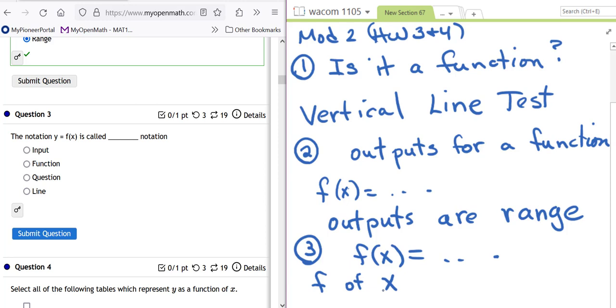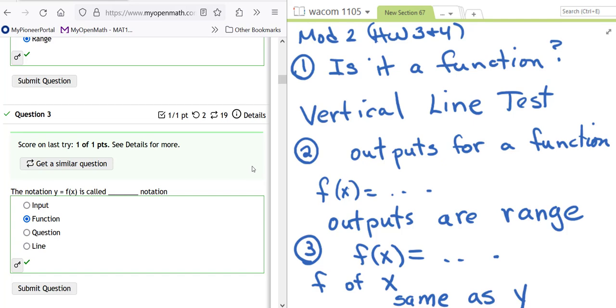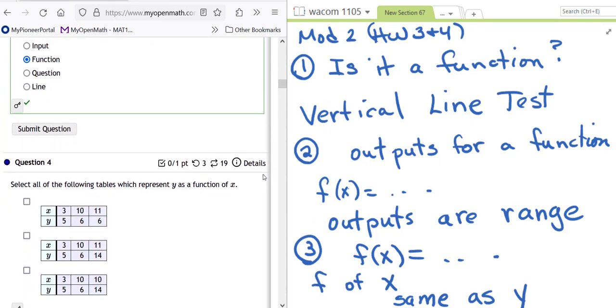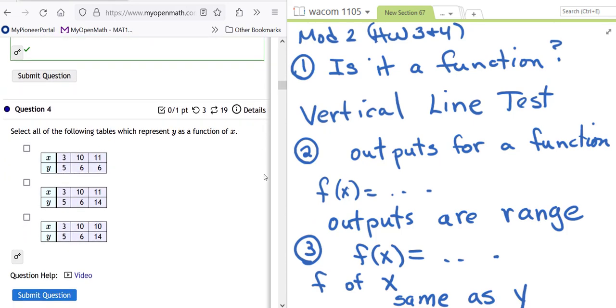F of x is the same as y. So if you get stuck, you can answer that. And the notation itself is called function notation.